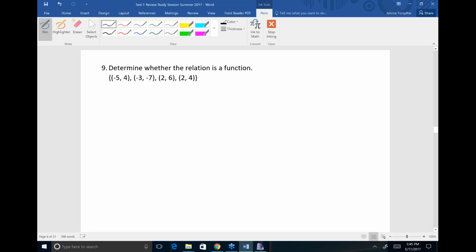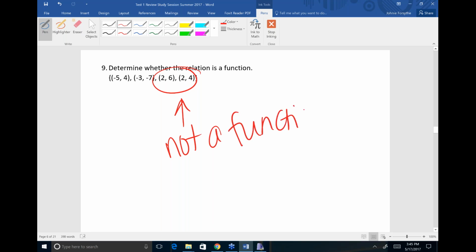And so we have -5, 4, -3, -7, 2, 6, and 2, 4. So you see right here, your x value repeats, and it gives you a different y value. This is going to be a red flag, and this is not a function. This cannot happen for this relation to be a function. Okay? Because basically every input must give its own output.